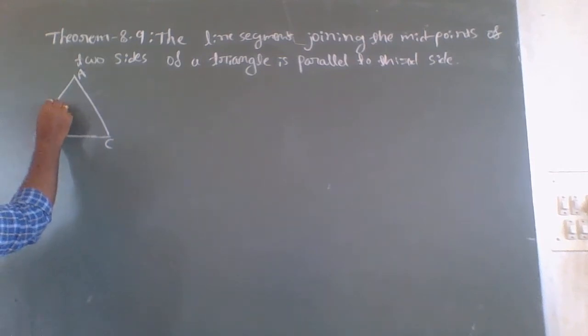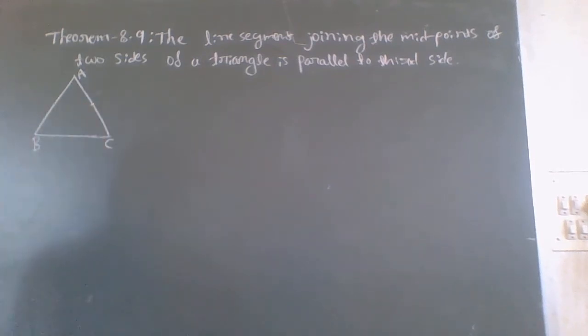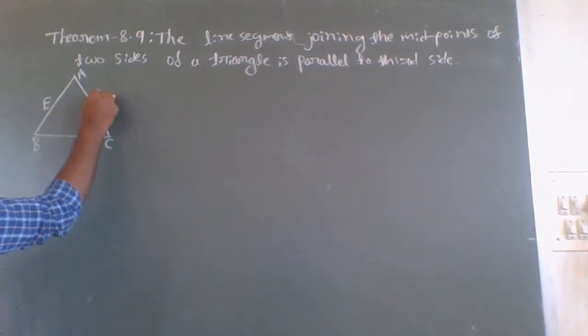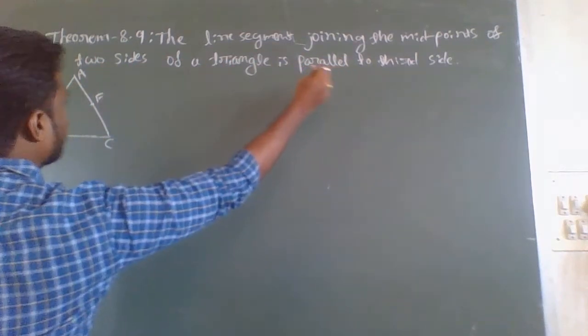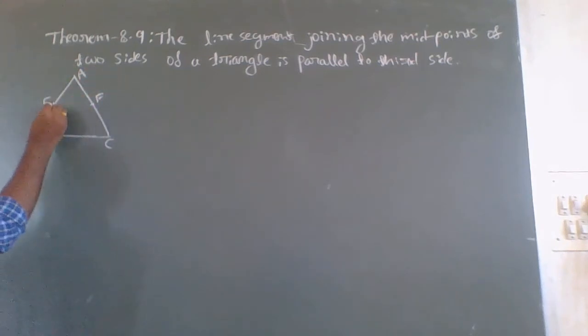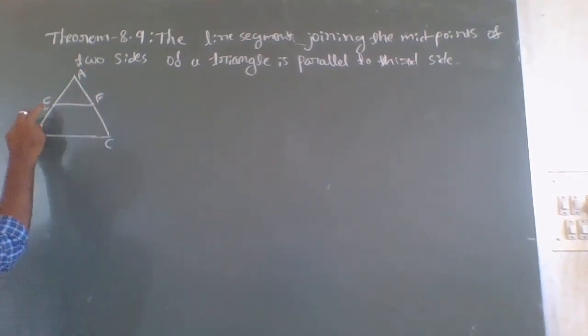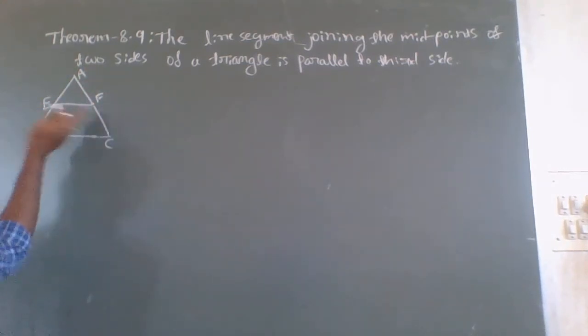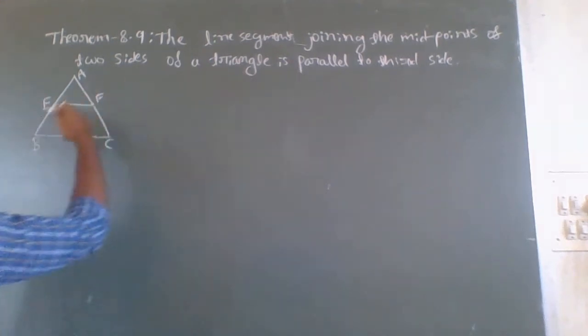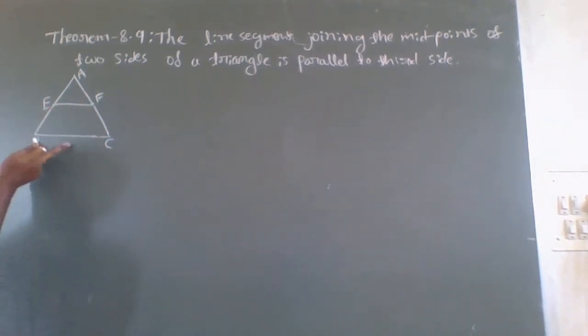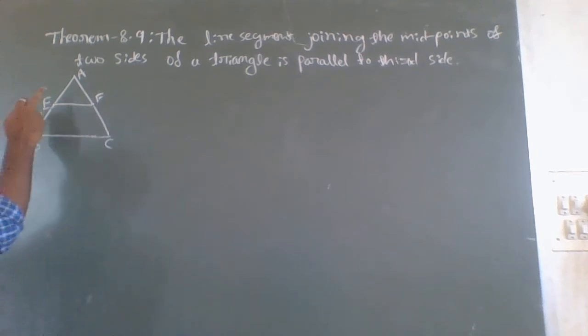Here midpoint of AB and midpoint of AC, I will name it as E and F. The line segment joining midpoints of these two sides of a triangle is parallel to third side. Means we have to prove this EF is parallel to BC.